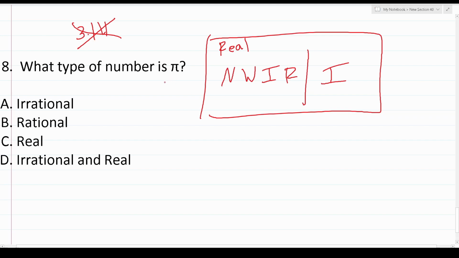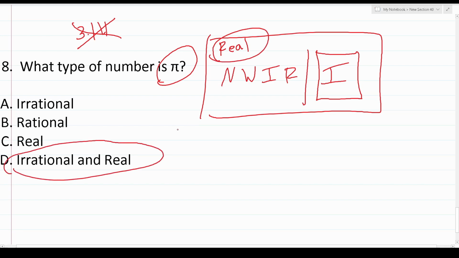There's no way you can ever express pi as a fraction. Therefore, pi is irrational. But that said, again, all of them are real numbers. So pi is irrational, but at the same time, it's also real. So pi is an irrational and real number.